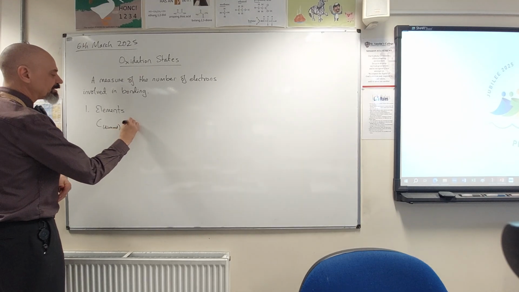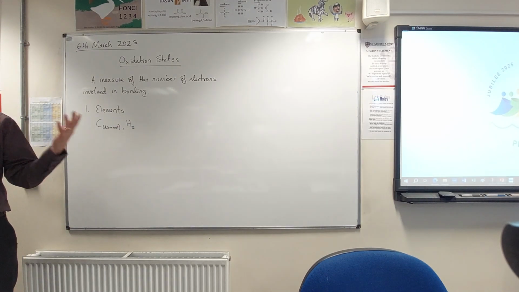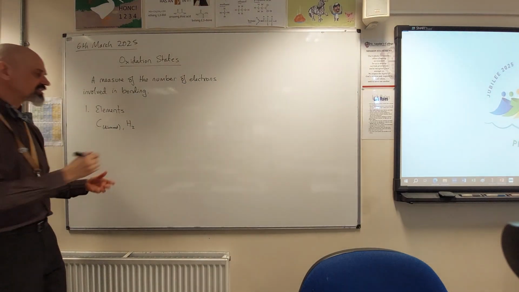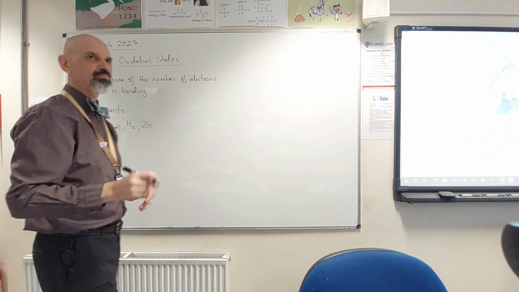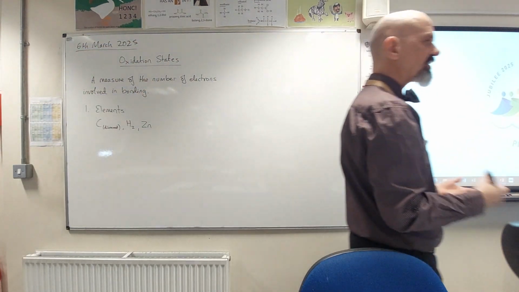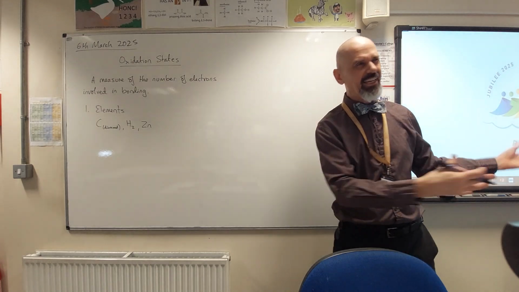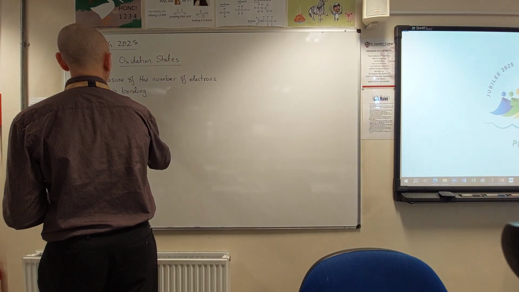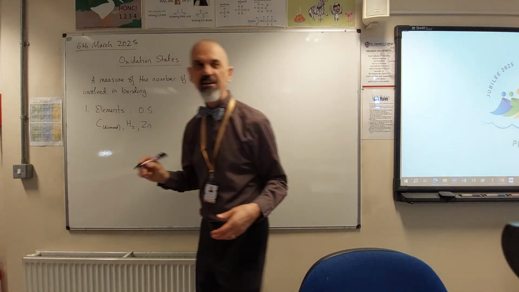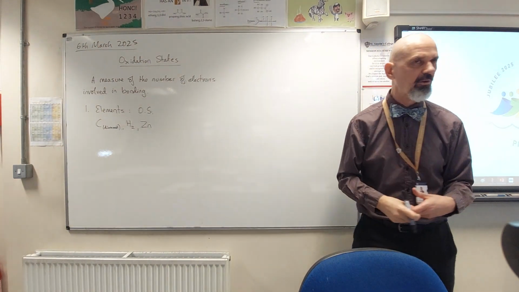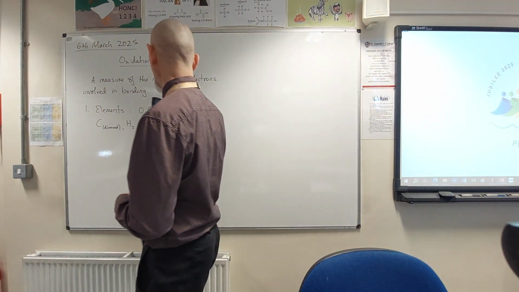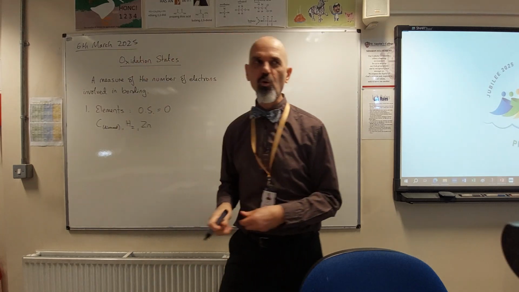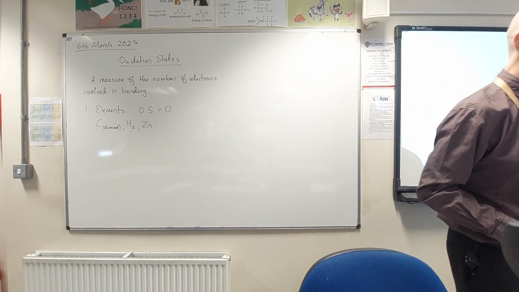Or we might be talking about hydrogen gas or oxygen gas or a solid lump of zinc as opposed to zinc sulfate, which would be zinc in a compound. So when we're talking about elements, the oxidation state, and forgive me if I abbreviate it, otherwise we have to write it quite a lot, is always 0 for elements.